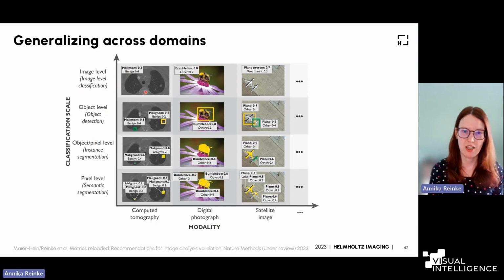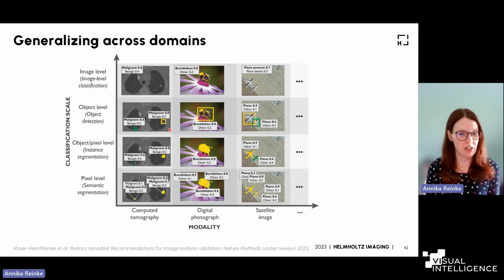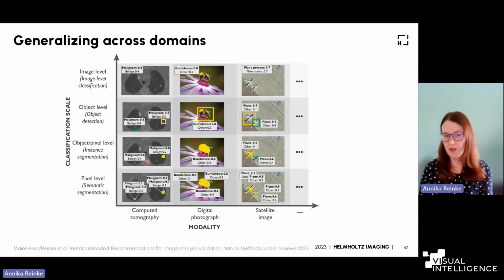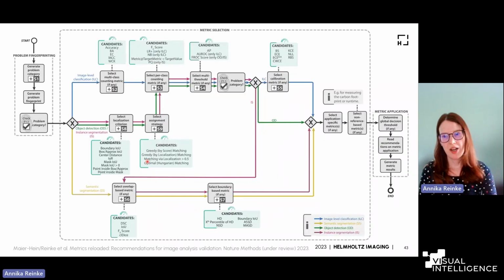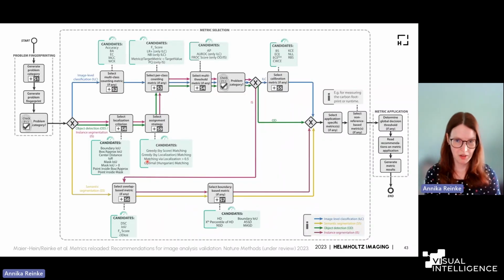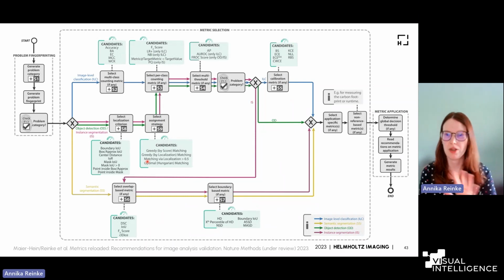So classification at image level, so really looking at the whole image; looking at objects, which would be object detection; pixels, which would be semantic segmentation; or a combination of object and pixel classification, which would then be instance segmentation. And all of these tasks are included in the framework, which you see here, and which, I know, looks quite complex, so you don't have to understand everything right now.